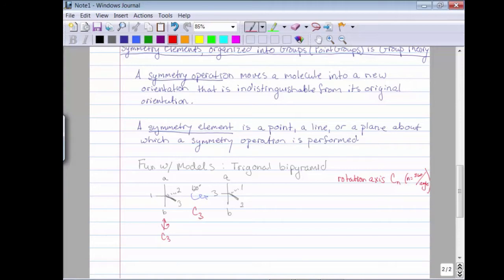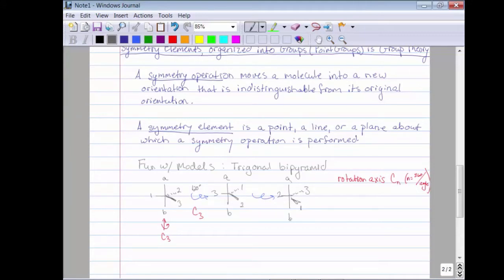There's actually a second C3 rotation. If you rotate it one more time, 120 degrees, you get the molecule in a different orientation that's still indistinguishable from the first. So if I rotated it one more time, then 1 would be over here, 2 and 3, and this would be A and B still. Do you see how you can go 2 times and you can get 2 different orientations?